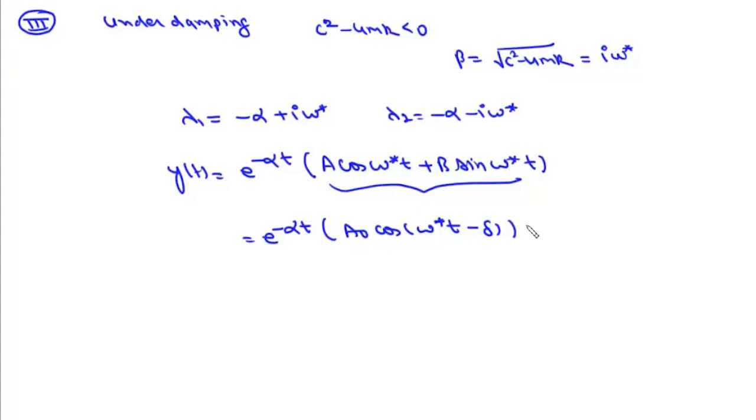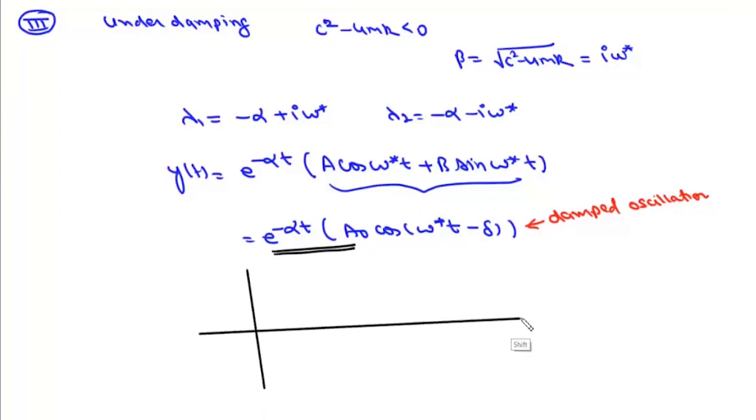Now this case will represent damped oscillations. This part, a naught into e to the power minus alpha t, will form an envelope. And this cosine part will make an oscillatory motion.